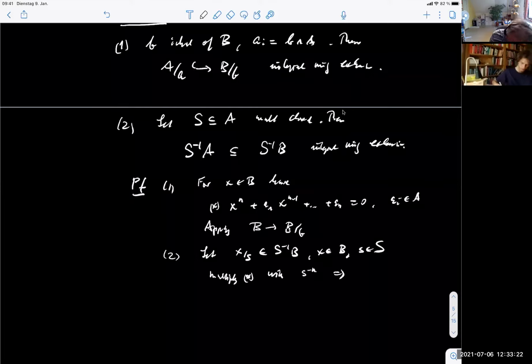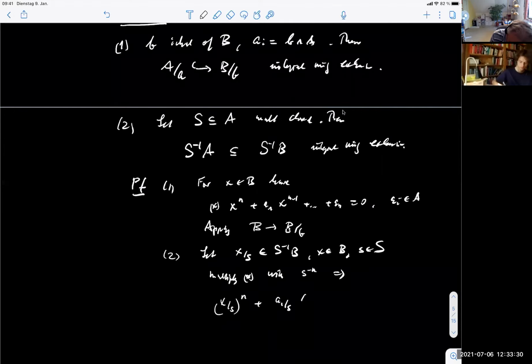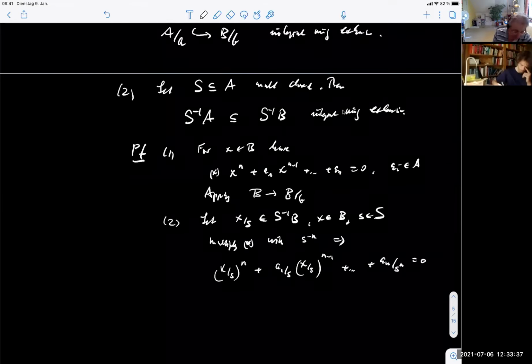Then I get this. I write it in this fraction notation: a1 divided by s, x over s to the n minus 1, and so on. Now I have an equation where the coefficients are in this subring, the localization of A, and it's for x over s. So this is integral over this ring. Okay, and I'm done.